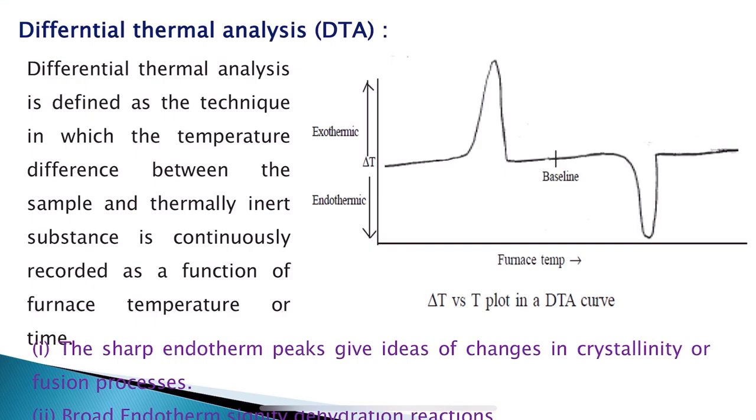In my next class I will start explaining differential thermal analysis. This is the next thermoanalytical method, which is widely used for the characterization of various compounds in analytical chemistry. We will see an introduction: what is meant by differential thermal analysis, the principle involved in it, and the instrumentation.